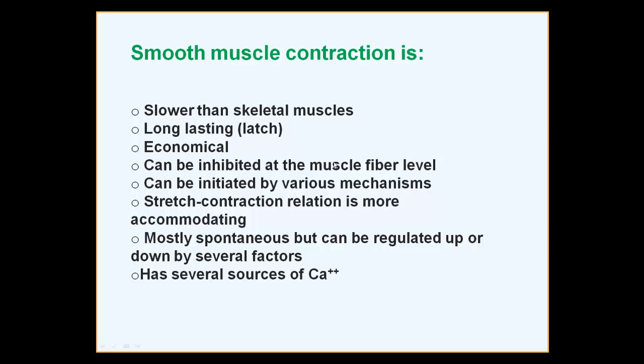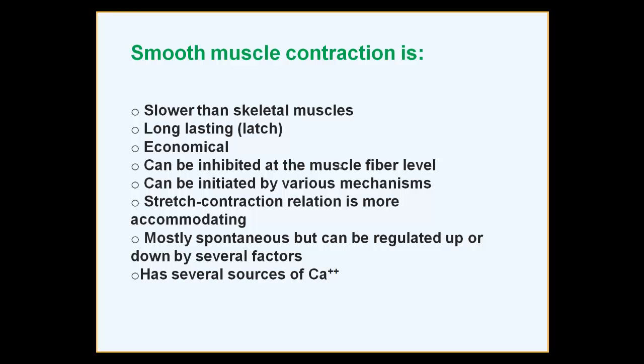You can inhibit it at the muscle fiber level, because of some of these varicosities we discussed, if you remember that picture I showed you, which is the junction between the autonomic nerve fibers and the smooth muscle cells. It can release a neurotransmitter that will cause a hyperpolarization, or it can cause the calcium to be released at a lesser level.